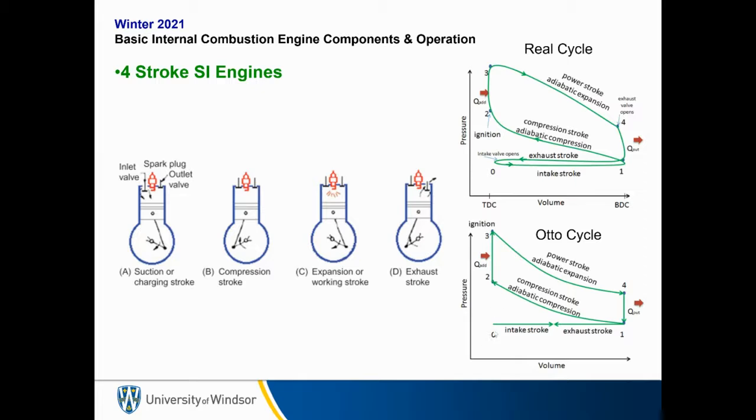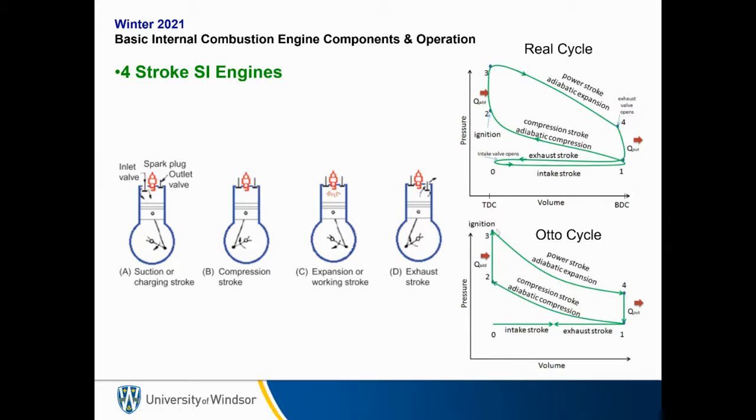Now in this idealized engine, we have 4 different phases as we expect. If we start at point 0 on the Otto cycle graph, we start with the intake stroke, and that brings us to point 1. From point 1, we have an adiabatic compression, which brings us to point 2, and then we have heat addition at constant volume.